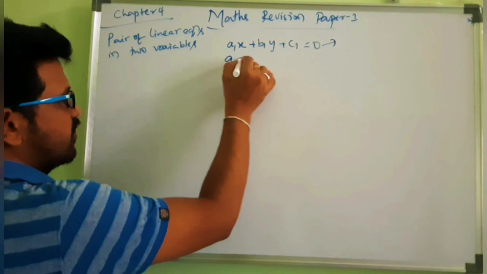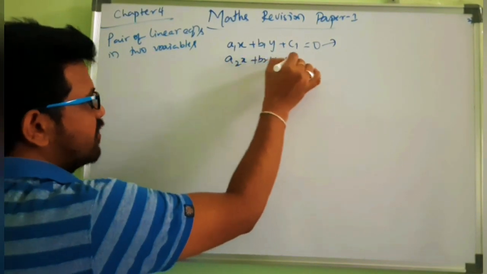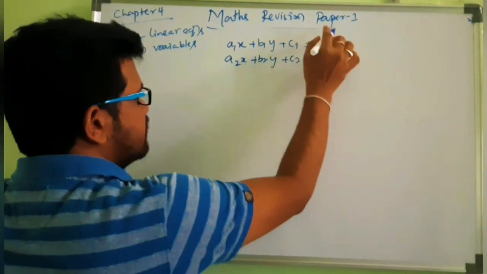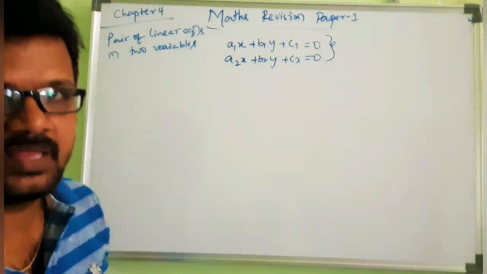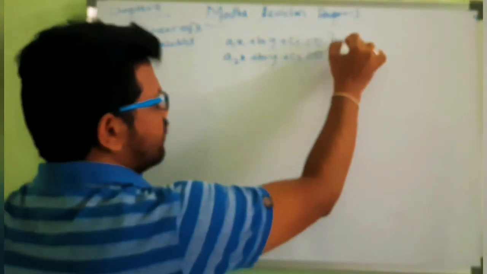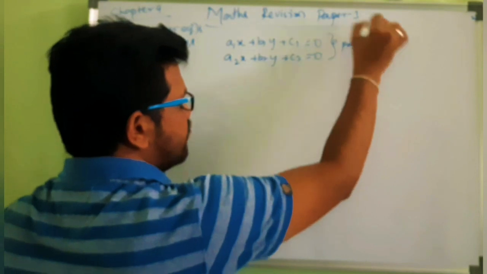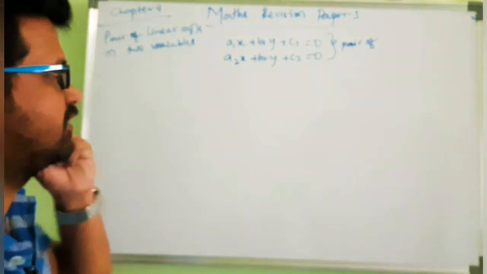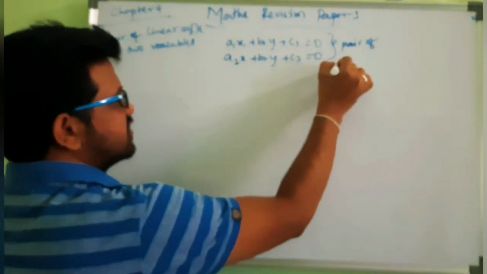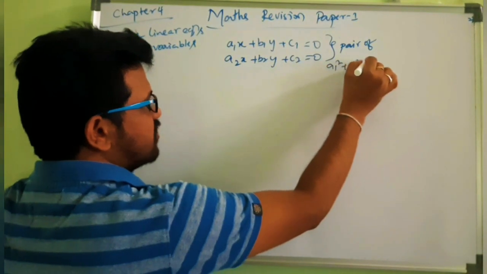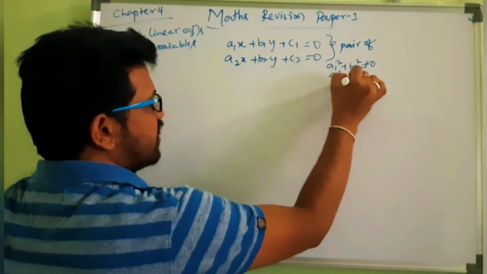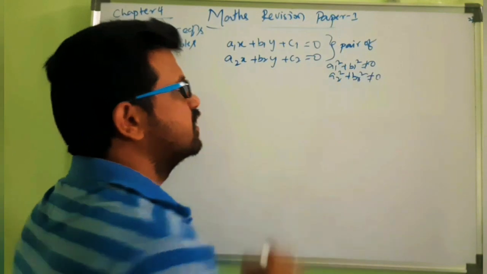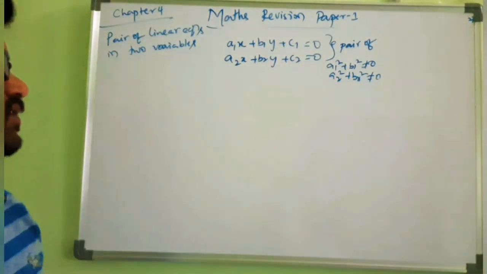If I consider one more, a2x plus b2y plus c2 is equal to 0, these two are called a pair of linear equations in two variables. Pair, right? So here a condition is there: a1 square plus b1 square is not equal to 0, and a2 square plus b2 square is not equal to 0, satisfying these conditions.